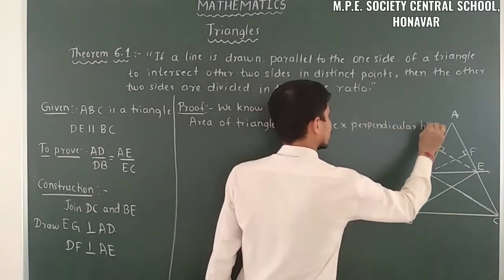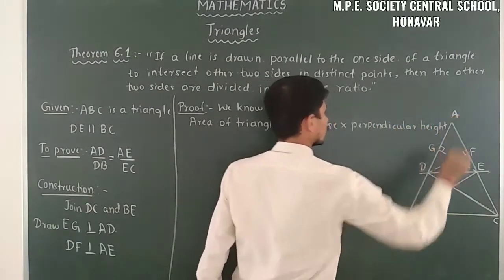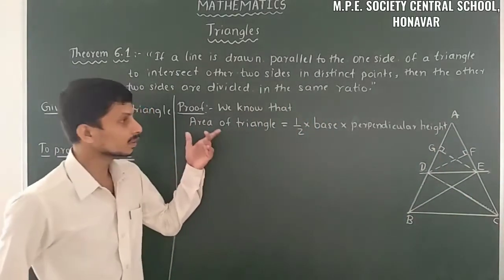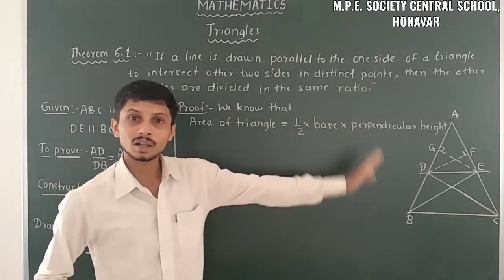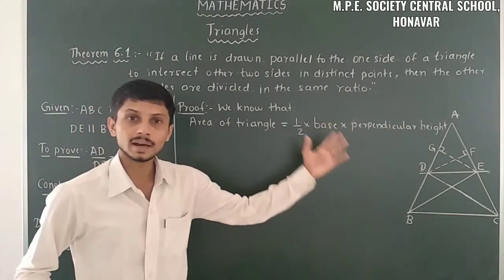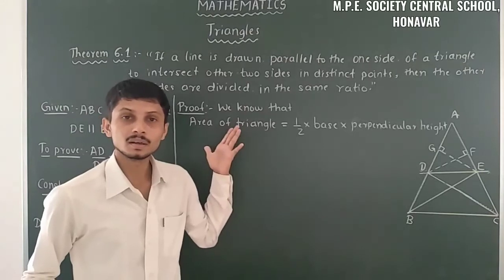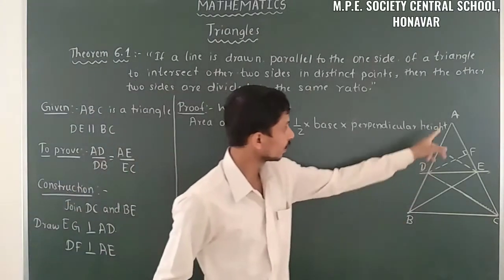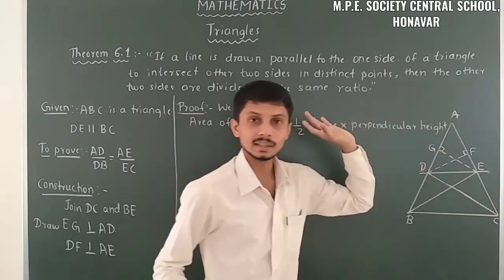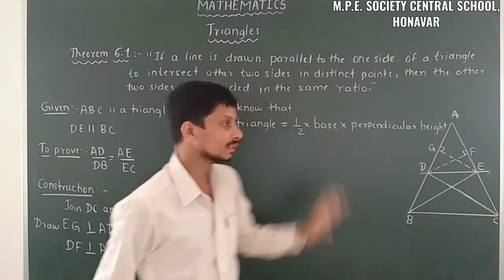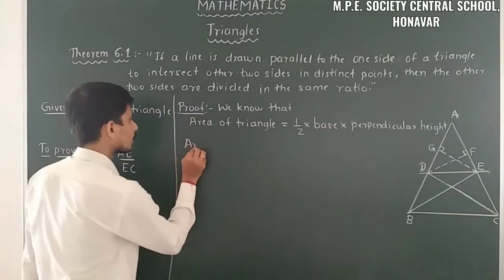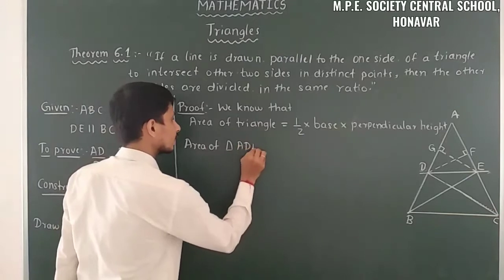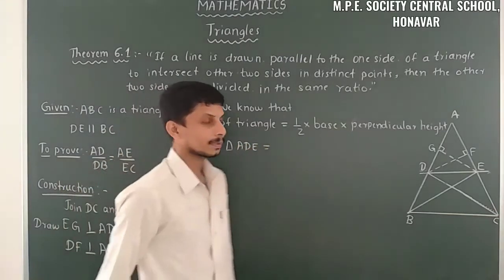Yes, so we have that relationship. From that relationship we have to consider all the possible triangles here and write the area of each triangle. Firstly I will consider triangle ADE. What is the area of triangle ADE?